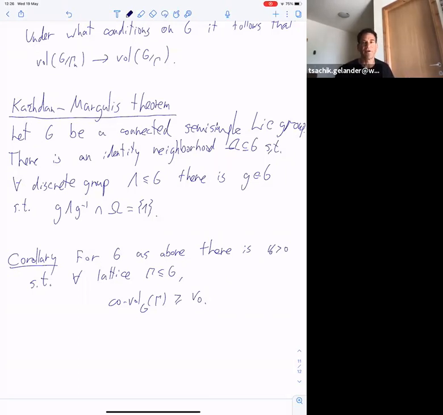But there is some trick here. The game is not over because there are two different topologies. Local rigidity is formulated with respect to the topology of the representation variety, the space Hom(gamma, G), while now we discuss this compactness with respect to the Chabauty topology. So you need to pass from one topology to another, and for this you also use the finite generation of lattices.